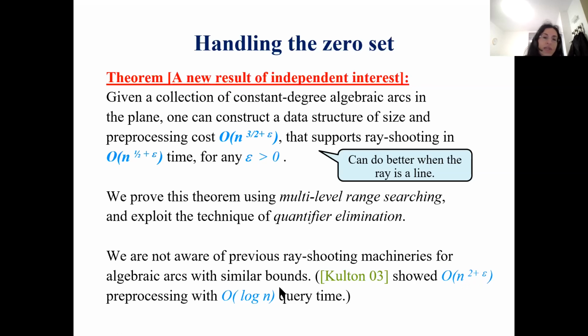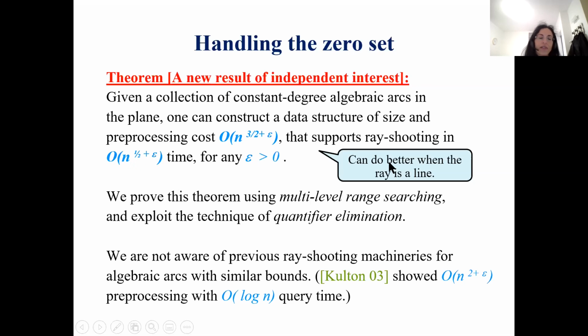But what we needed to get are the bounds of n to the 3/2 and n to the 1/2. So we showed in a separate development that given a collection of constant-degree algebraic arcs in the plane, we can construct a data structure of size and preprocessing cost n to the 3/2 that supports ray shooting queries in time n to the 1/2 plus epsilon.